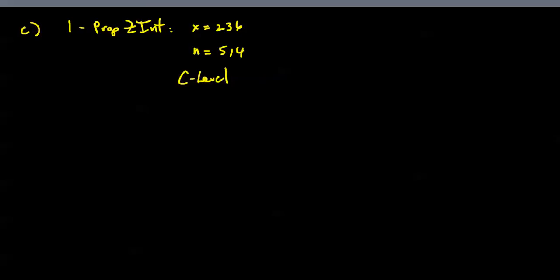Alright, so this is part C. Again, I'll use my one prop zint for interval command, and the raw count of human resources directors out of that 514 who say tattoos are red flags is 236. The sample size is 514. The C level, again, we're going to change the confidence level from 0.99 to 0.8.